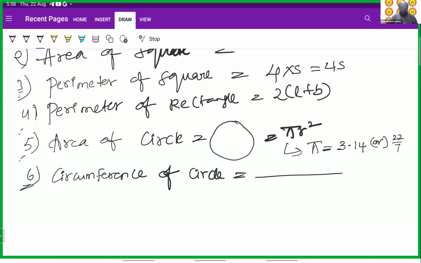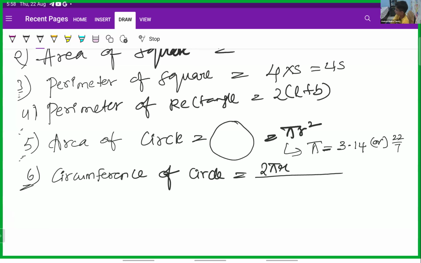It is 2r, yes, correct. My friends are so excited to answer, I love to see your excitement, but I hope you know all this.